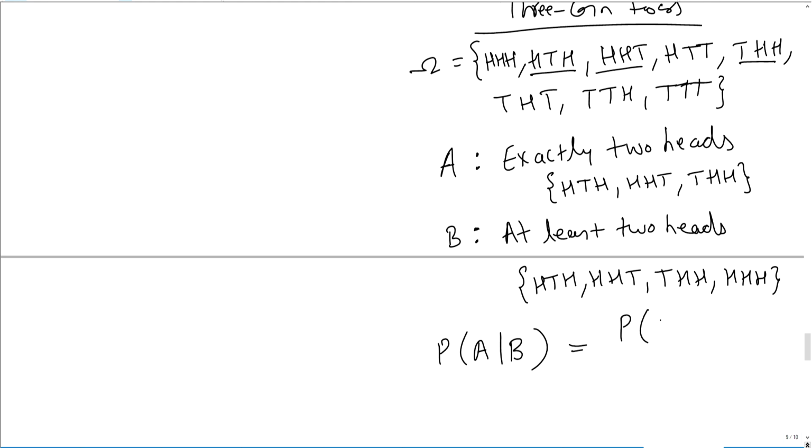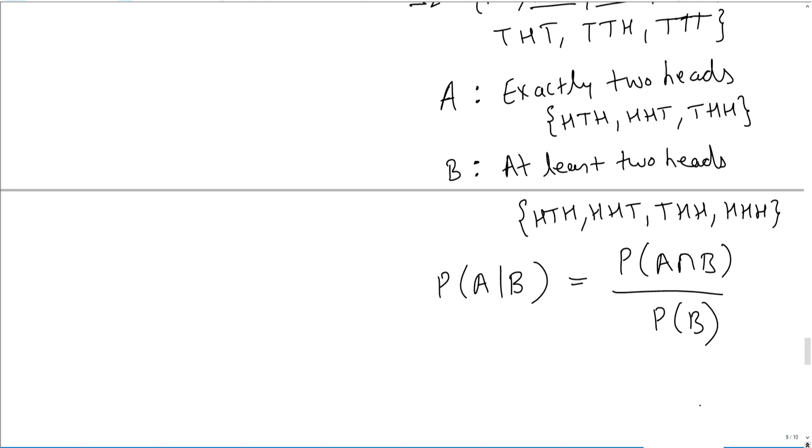This is probability of A intersection B divided by probability of B. What is the probability of A intersection B? If you see A intersection B, A is this, B is this and this. So, if you calculate A intersection B, it would come out to be actually just the probability of A, right.